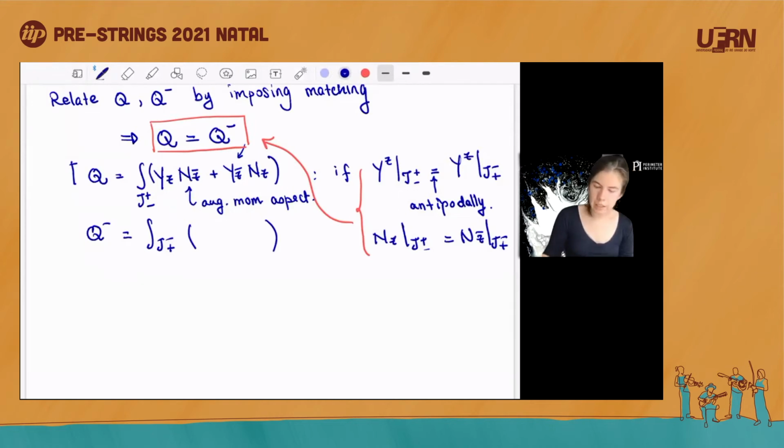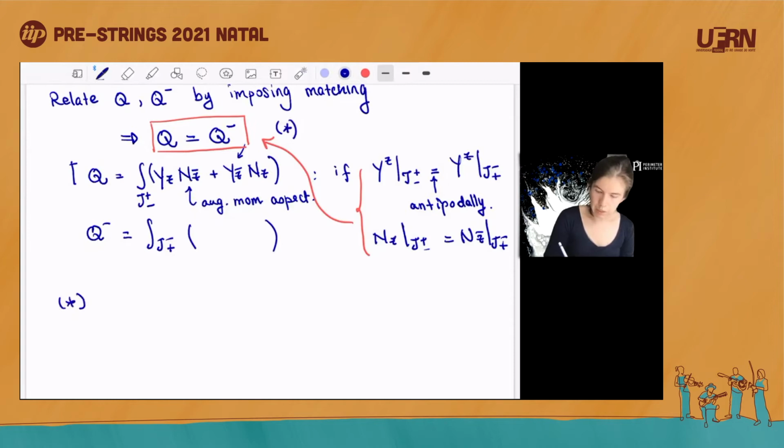So let's see how this conservation law is equivalent to the soft theorem. To see that, let me impose that this is a symmetry of the S matrix.